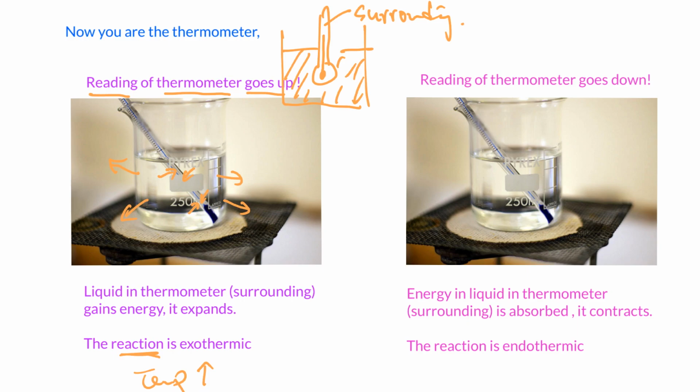But the other way round, if the reading of the thermometer goes down, that means the liquid inside it contracts, because the energy in the liquid is absorbed. So the energy from the thermometer got absorbed into the solution. So we say that this is endothermic, absorbing energy. Normally in an endothermic reaction, the temperature will go down.